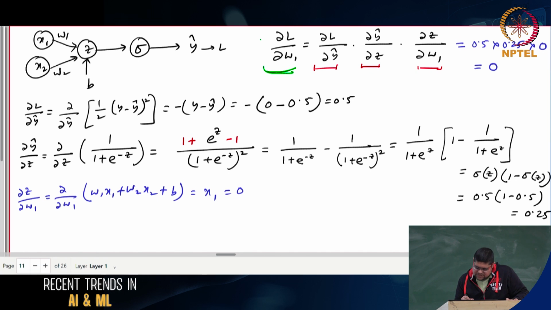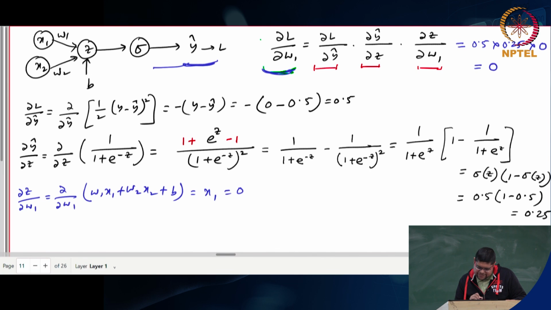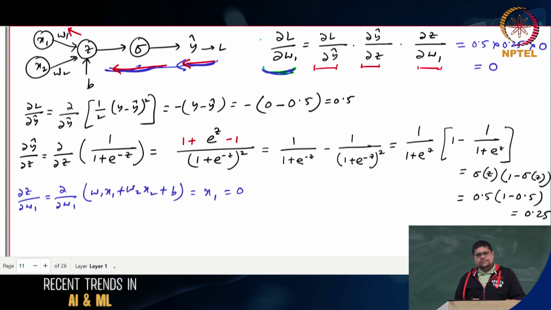So actually our objective is to check del L by del W1. Slowly, what we did: at first we calculated del L by del Y hat, then del Y hat by del Z, then this one, so this path we have calculated, right?